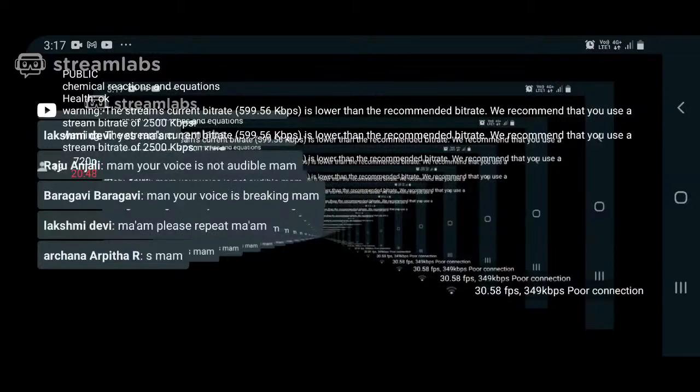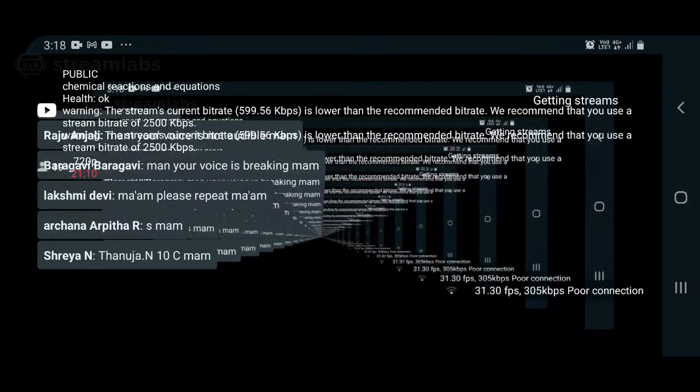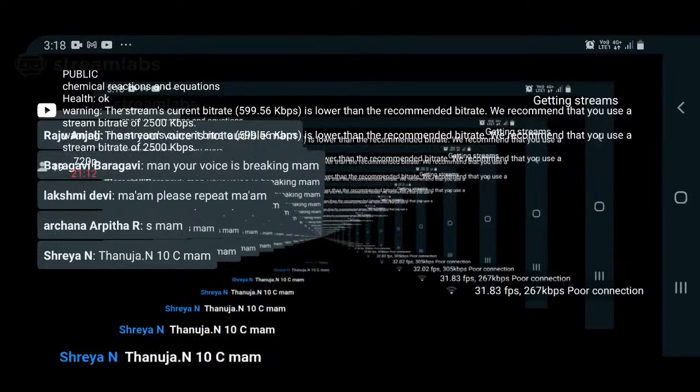Now I told you what a balanced chemical equation is. I gave 2 definitions. The number of atoms of each element is the same on both sides of the arrow, right? Now what is this arrow? On the left side there will be the reactants, on the right side there will be the product.